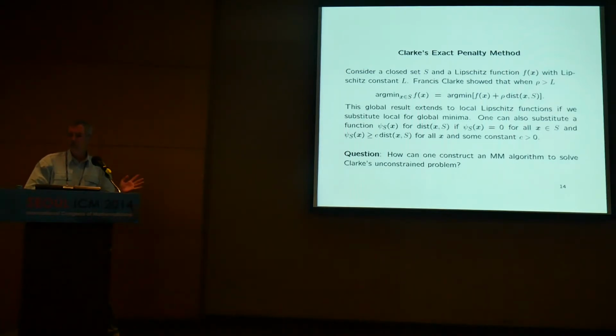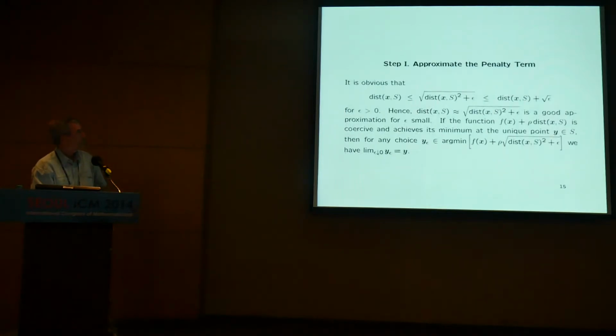I don't claim it's the only way, but it leads to interesting results. So the first thing I suggest doing is to approximate the penalty term. I want to approximate the penalty term by something that's closely related, involves the square of the distance, because the square of the distance is differentiable even though the distance function itself is not.